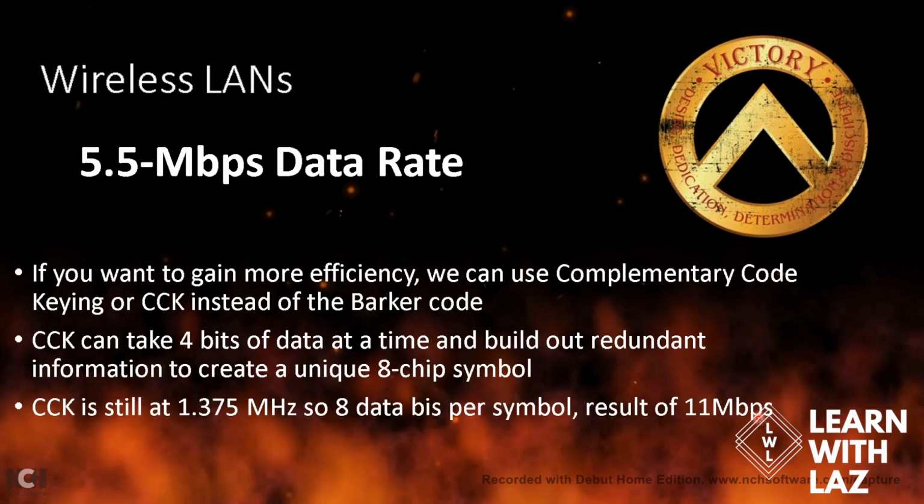It's like MPLS puts everything in a label, but here it puts everything in a symbol. So we don't have 1 or 2 or 4, we have 8 data bits, and we only get 11 megabits per second. So imagine what happens if we want to use 802.11ac at 1 gigabit per second internally.